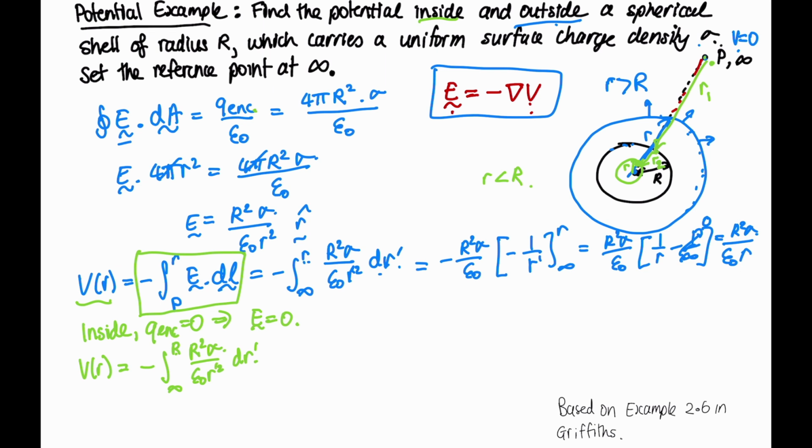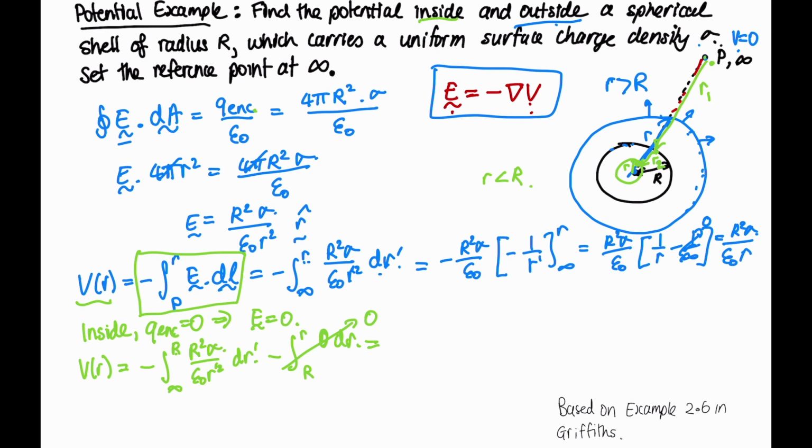And then I'm going from R here to little r here, so minus the integral from R to little r. And this is 0 in this case, because the electric field inside there is 0. So this whole part is 0.